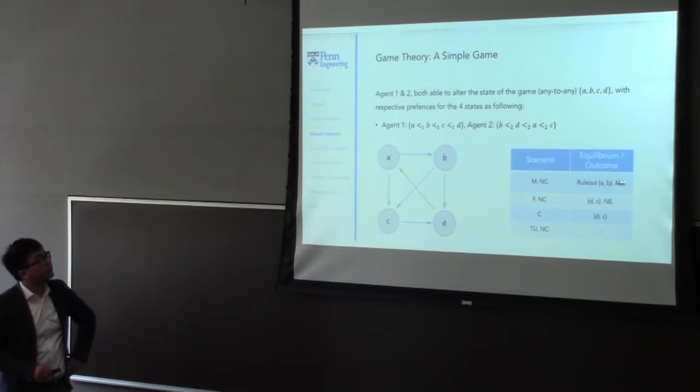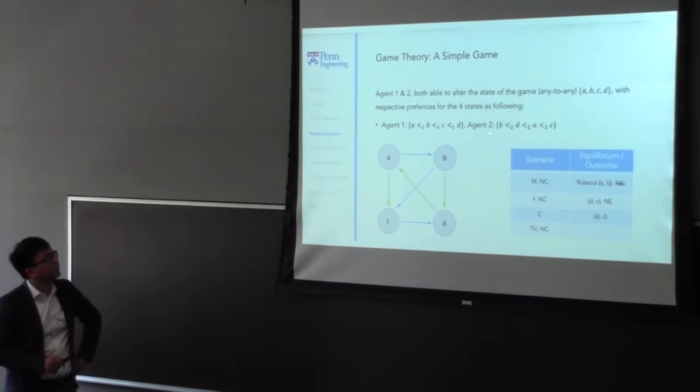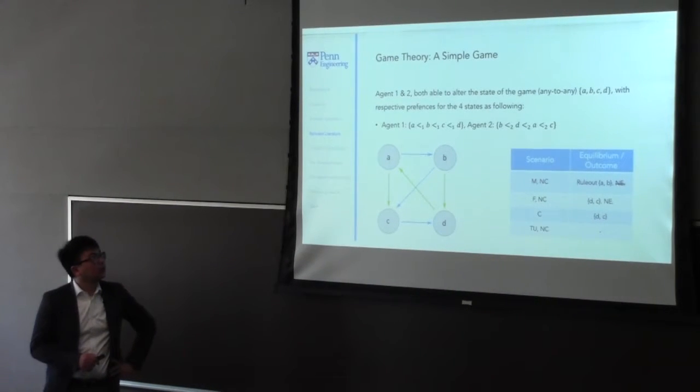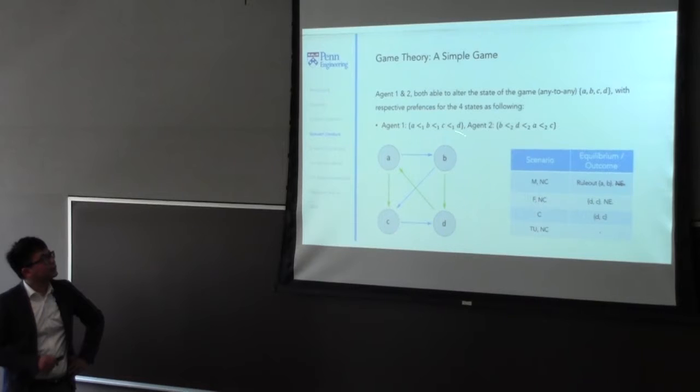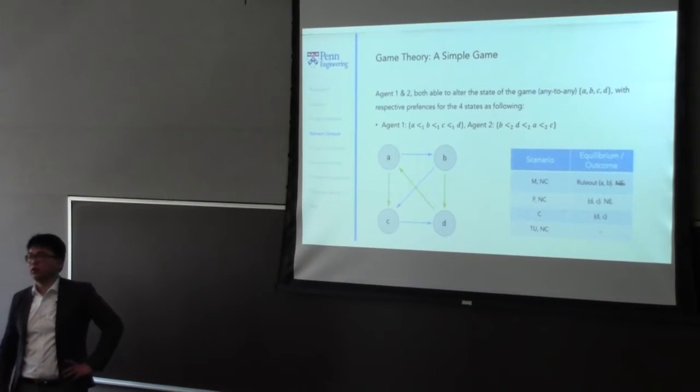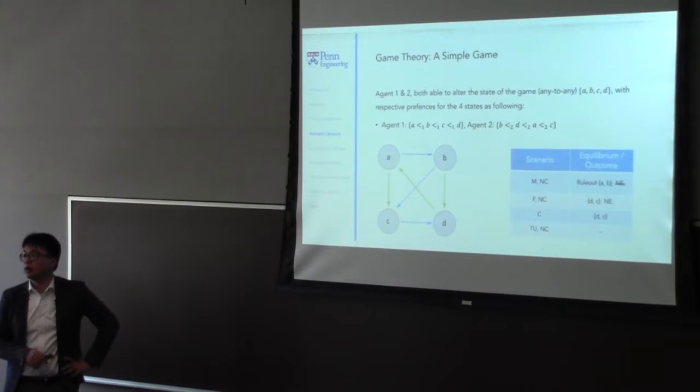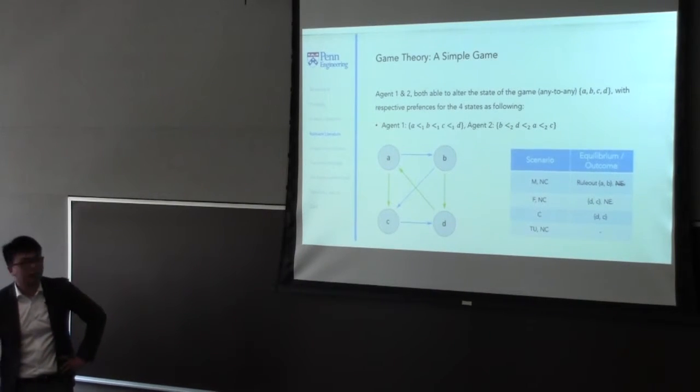A similar thing can be said about state B, where you can move to D, and it's preferred by both 1 and 2. But in a myopic non-cooperative game setting, this would be an unstable state. You basically have a cycle. You just keep moving, and there's no equilibrium state, and that's fine.